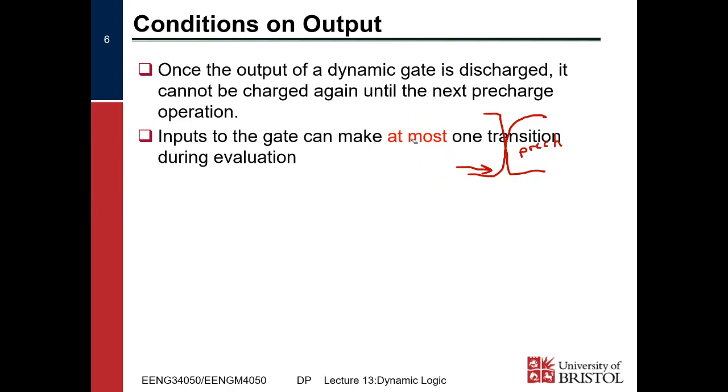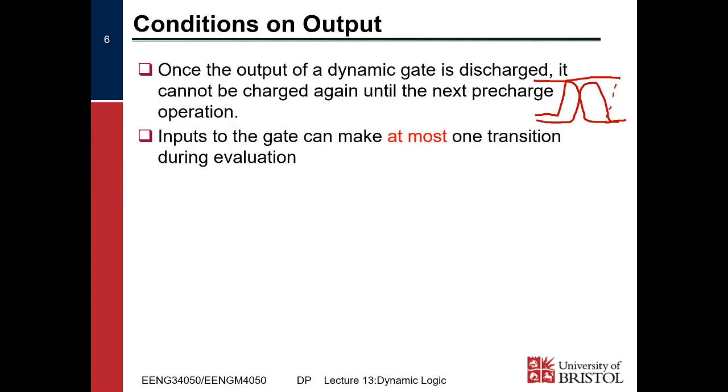So if we imagine we've got our clock going high for its pre-charge, and we have our input which goes high and then low, our output is going to go low, and then remember, our output can't charge back up again, so it'll stay low, right? So you need to remember that we're only allowed to transition at most once.